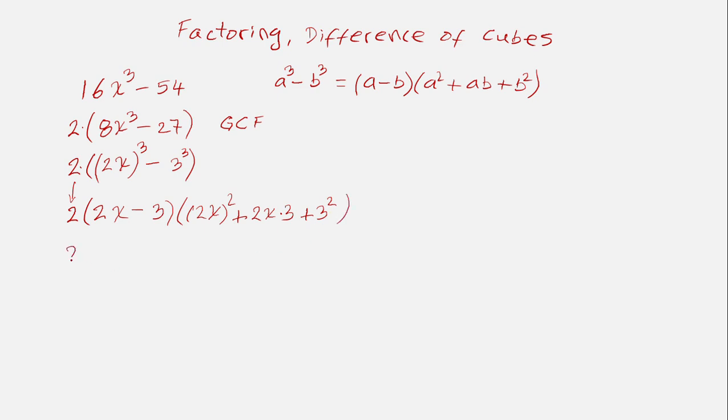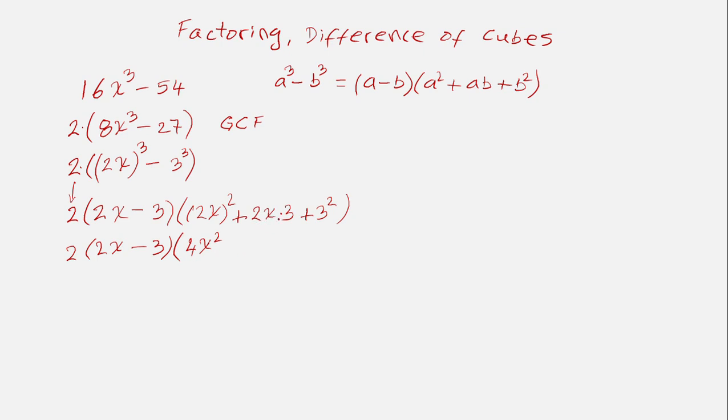Now all we need to do is simplify what we can simplify. So nothing changes here. 2 times 2x minus 3, that stays. But here we can simplify a little bit. 2 squared is actually 4, and x squared is just x squared. So this is 4x squared.